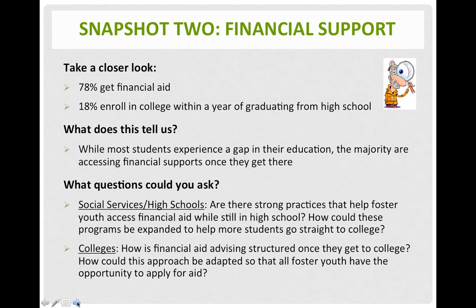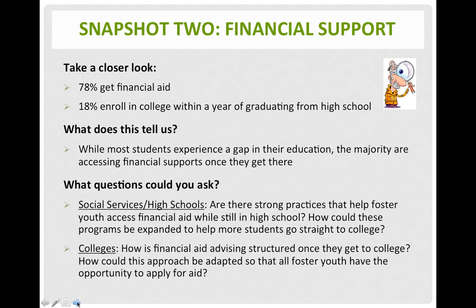So even though there's a gap, they're able to get a lot of support to those students and make sure that they have the financial foundation they need to be able to focus on their studies. So social services in high schools might want to really focus in on this question of whether they need to do more work to help foster youth get financial aid while they're still in high school so they don't experience that gap year.